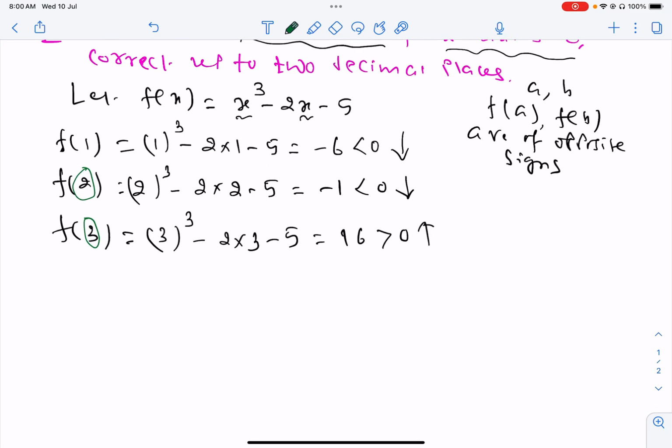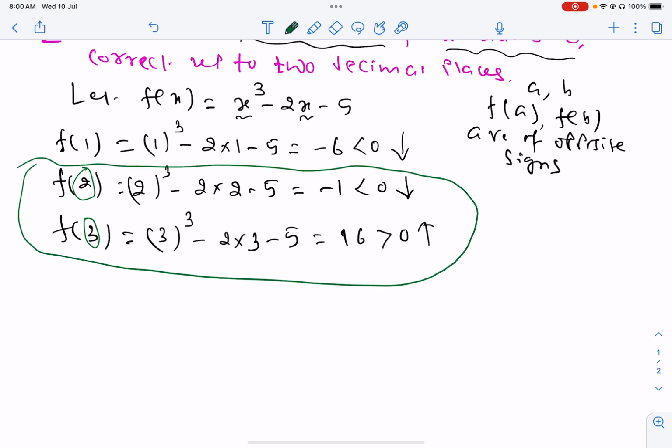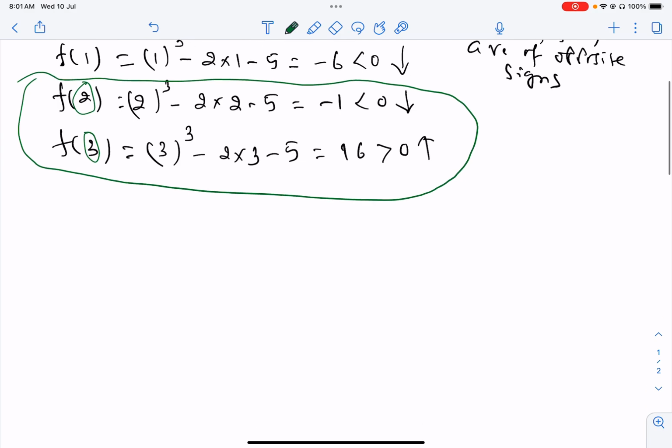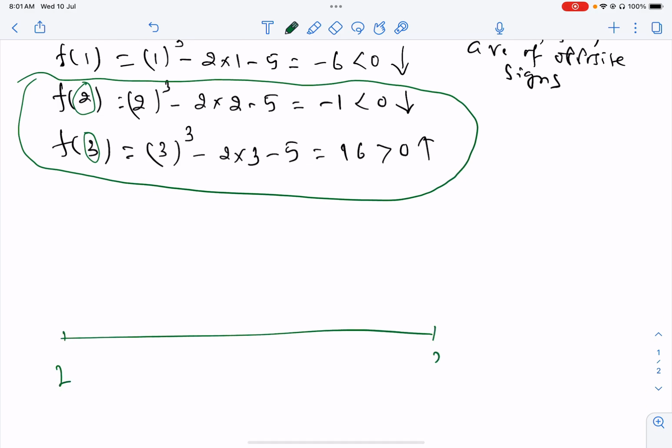So f of 2 and f of 3 are of opposite signs. That means the graph may cross the x axis at some point in the interval 2 to 3. That means there is a root in the interval 2 to 3.